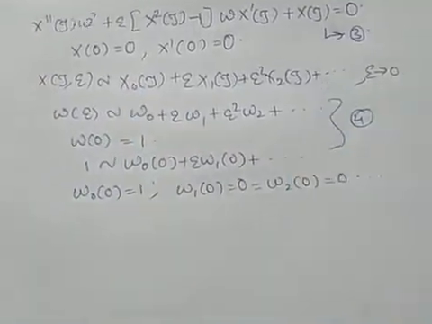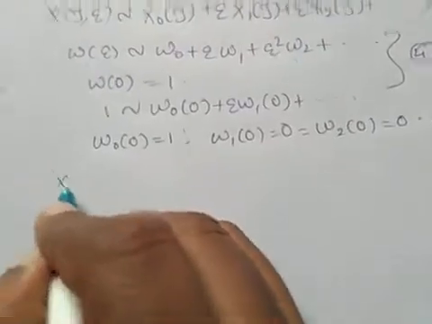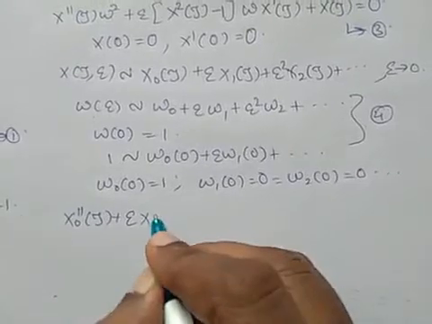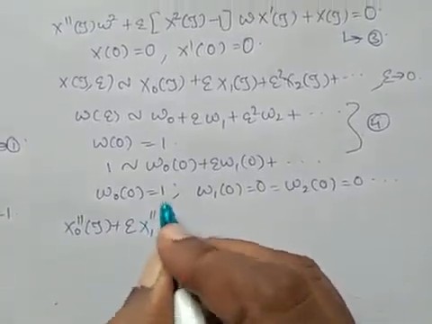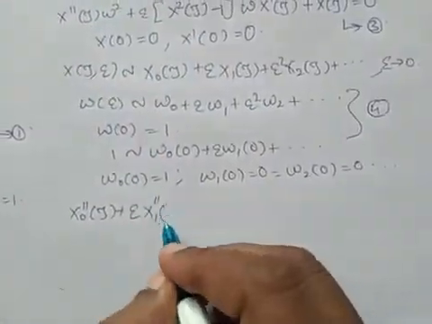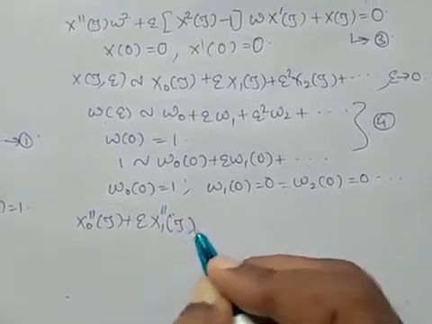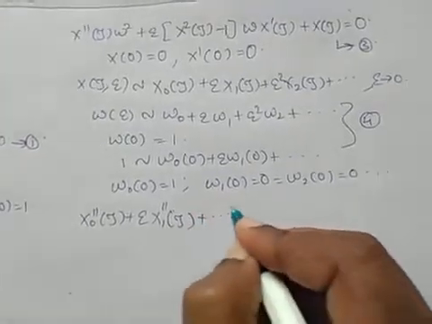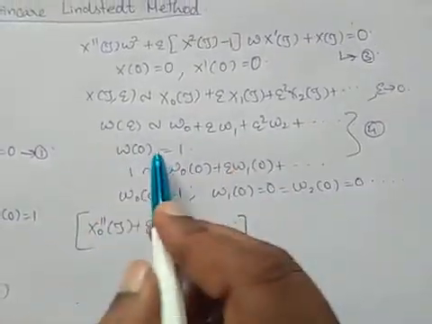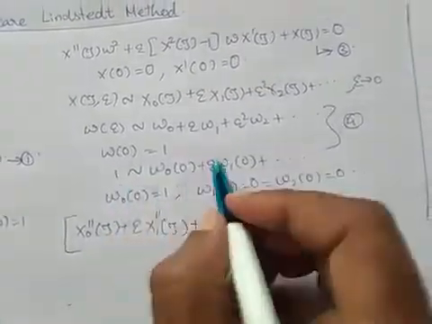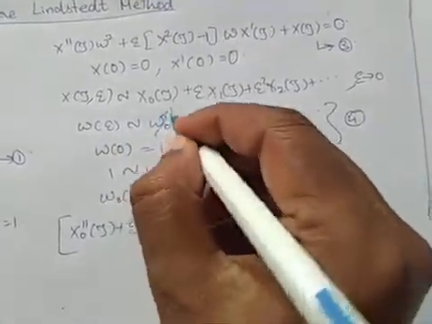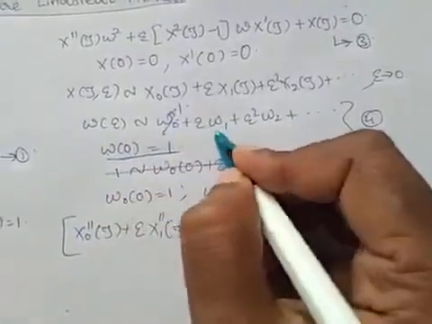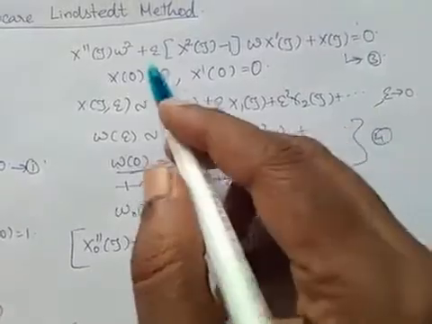Differentiation of this: x naught double dash of tau plus epsilon x1 double dash plus etc., into omega square. Omega naught is 1. Using this condition, omega of 0 is 1, means 1 plus epsilon omega 1, etc. Substitute this value here.